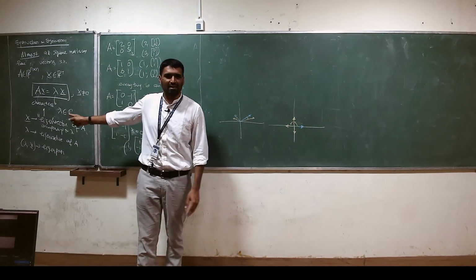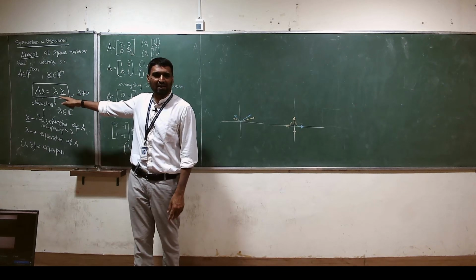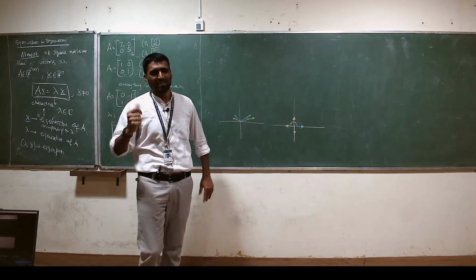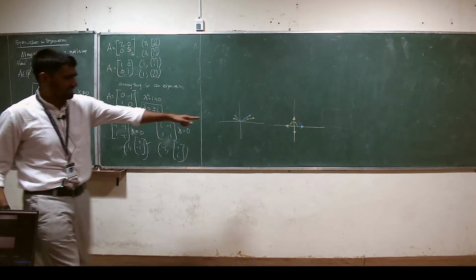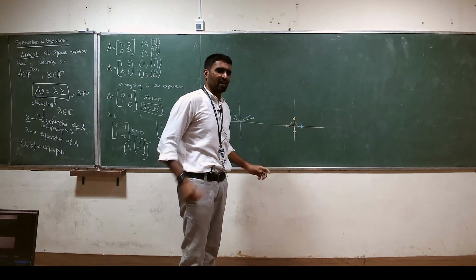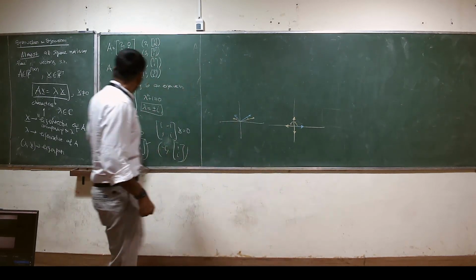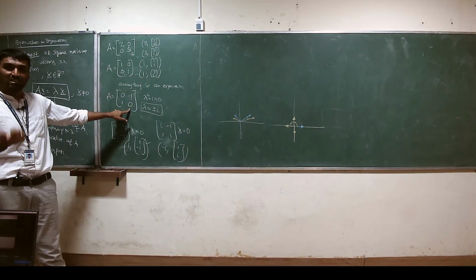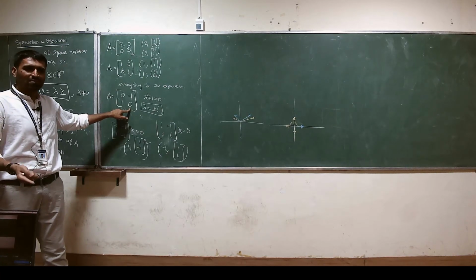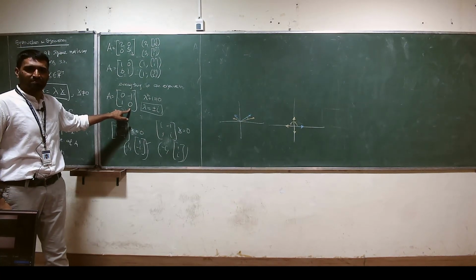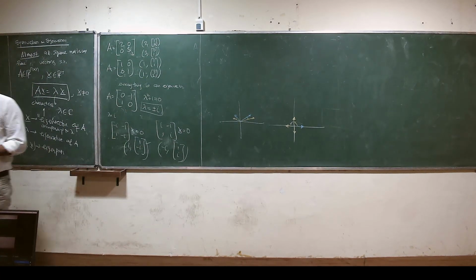But there are complex vectors corresponding to this matrix which actually undergo zero rotation. Because this matrix always rotates stuff by a constant angle. In fact, you will find that rotation matrices will have complex eigenvalues and complex eigenvectors. Okay, all right.